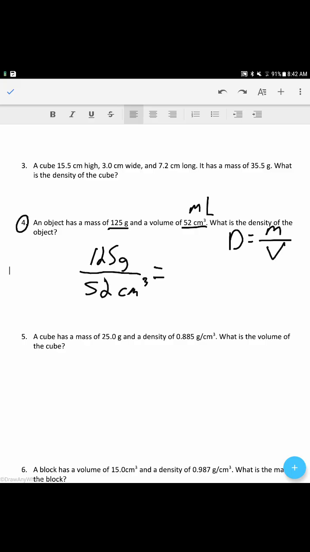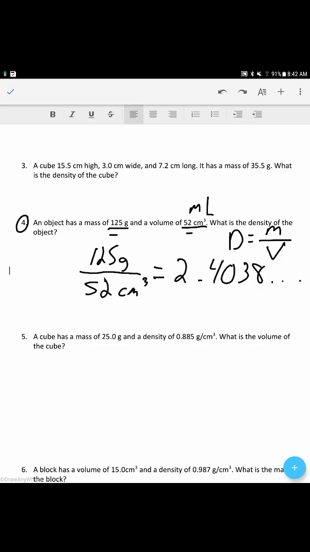Sorry, I am sniffly today. And we get 2.4038... Now, since we are looking at sig figs, we look at how many sig figs our problem has. 125 has 3, 52 has 2, so 52 has less, and the least amount of sig figs is what we go with.